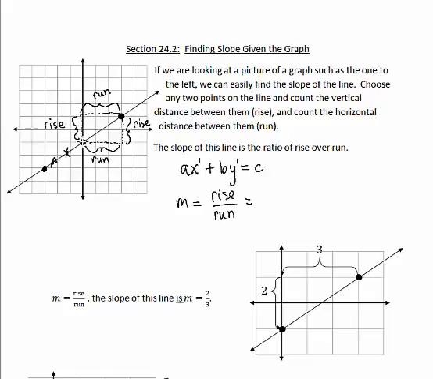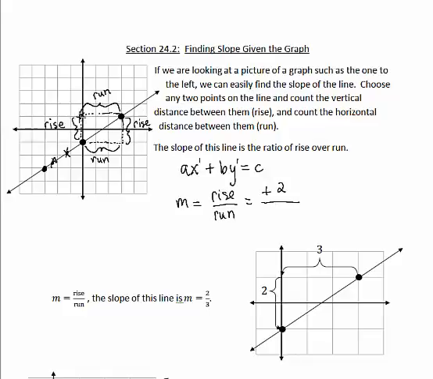From this point up to this intermediate point, we went up, and so that would give us a positive value for the rise. And how many units? Well, there's 1, 2. We went up 2, so a plus 2 for the rise.